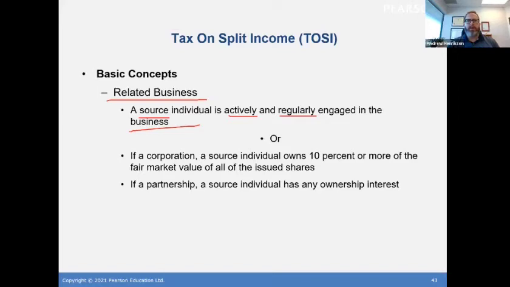So a related business is one where a source individual is actively, regularly engaged in the business, or if it's a corporation, the source individual owns 10% or more of the issued shares, by fair market value. If it's a partnership, the source individual has any ownership interest.